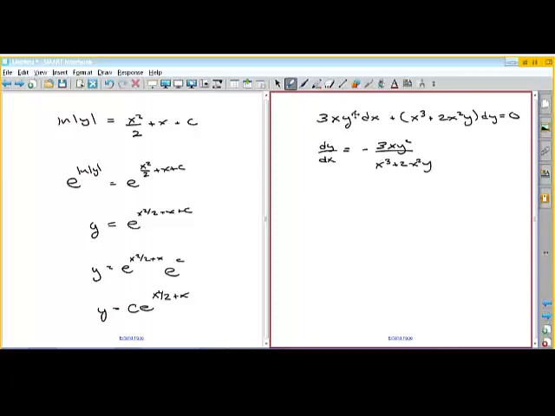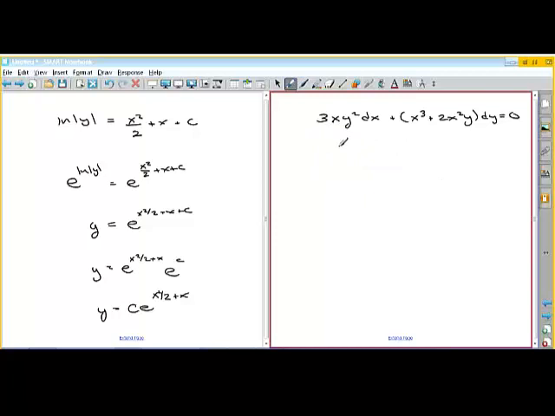So what I've done is move this to the right-hand side, it becomes negative, and then divide by that, and then divide by dx. So I could have given you a problem like this, but I'm not. I'll give it to you something like that.